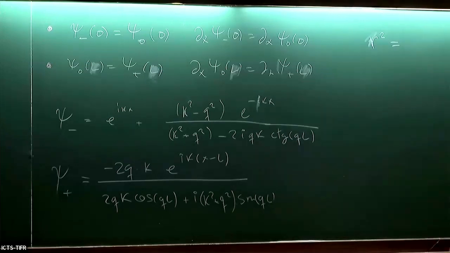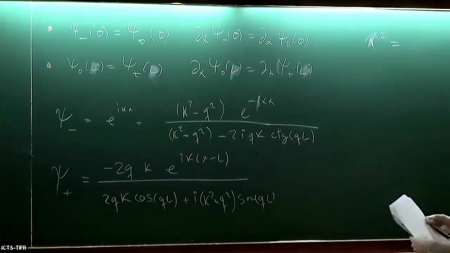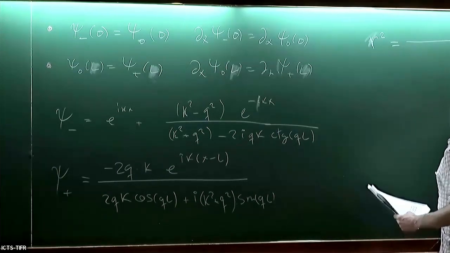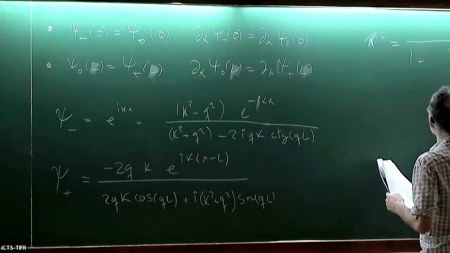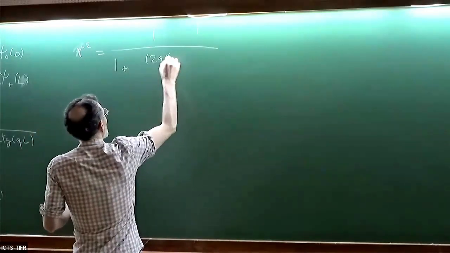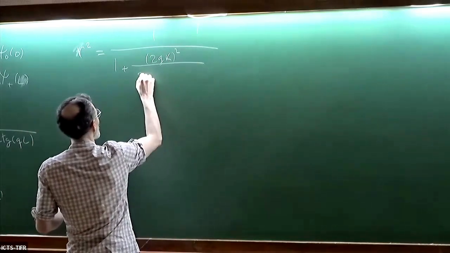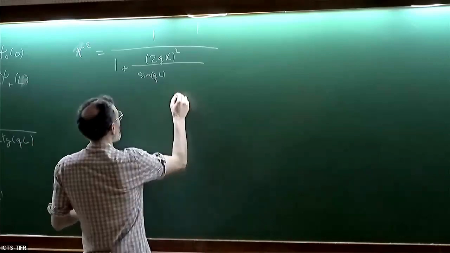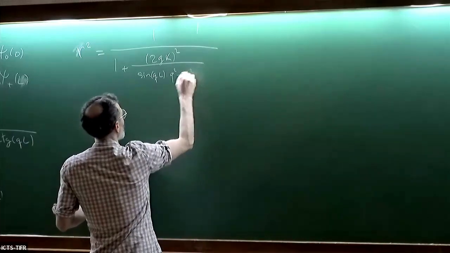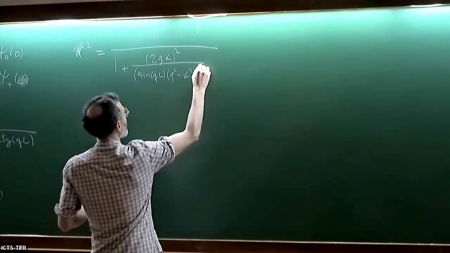With a little bit of work you can rewrite that as 1 over 1 plus the whole thing squared, 2kq over sine qL times k squared minus q squared, the whole thing squared as well.